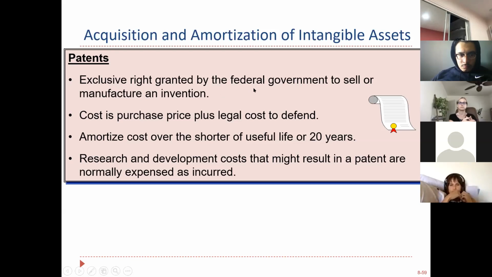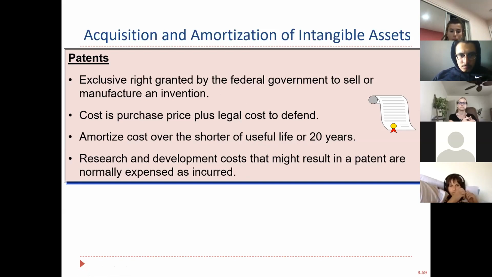Patents, exclusive right. The cost is what we paid for that patent. Remember what we said? The only people who have a patent on their balance sheet are those who bought the patent from the inventor. And it will be amortized at cost. The cost will be amortized over a maximum of 20 years, or it might have a shorter useful life.